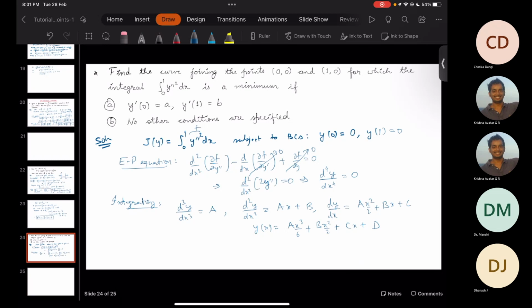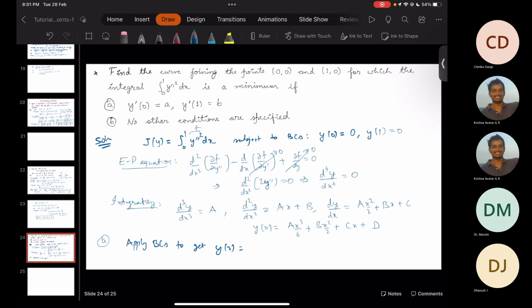So what we see is, for the first part of the problem, we have y prime at 0 is equal to a, y prime at 1 is equal to b, and from the very definition of the problem we have y of 0 is equal to 0 and y of 1 is equal to 0. Which means we have four boundary conditions and we have four constants. So I will just apply the BCs to get y of x.